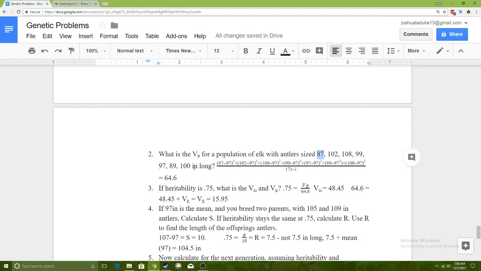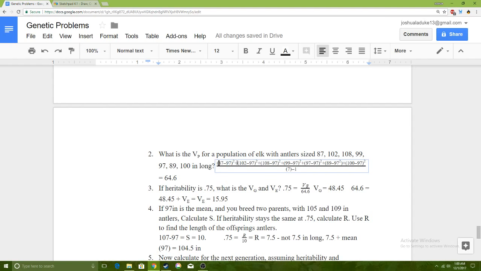The way to find the phenotypic variation, I didn't explain this equation earlier, is first you find the average, and the average of this population is 97.